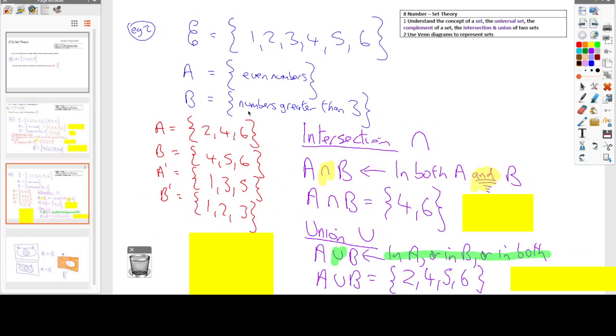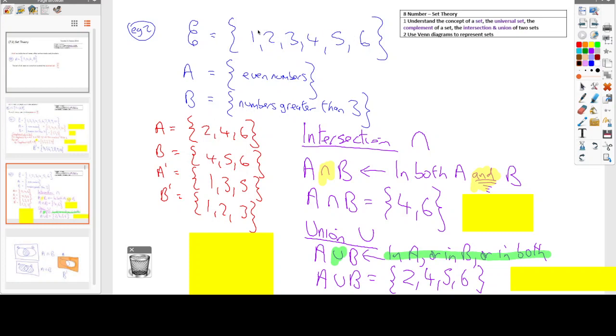Right, our next example, so this is a brand new example, so copy it down, please. Let's make our universal set the numbers 1 to 6. Let A be all the even numbers and B be numbers greater than 3. So what are the members of A? Well, they're the even numbers in our universal set, so that's 2, 4, and 6.